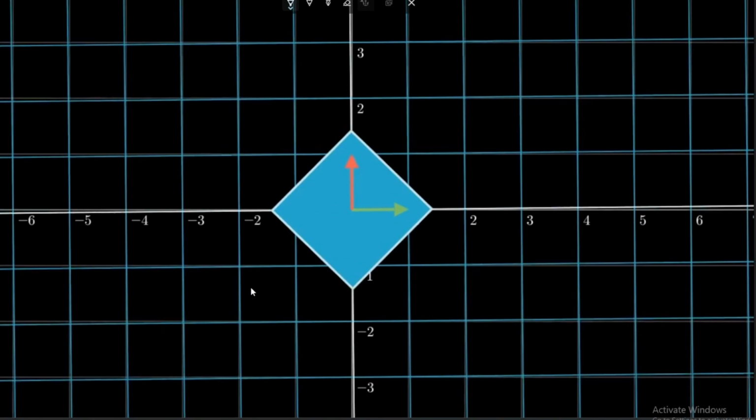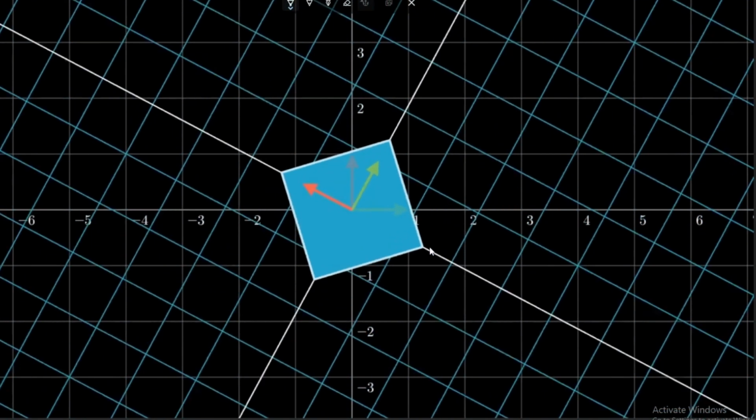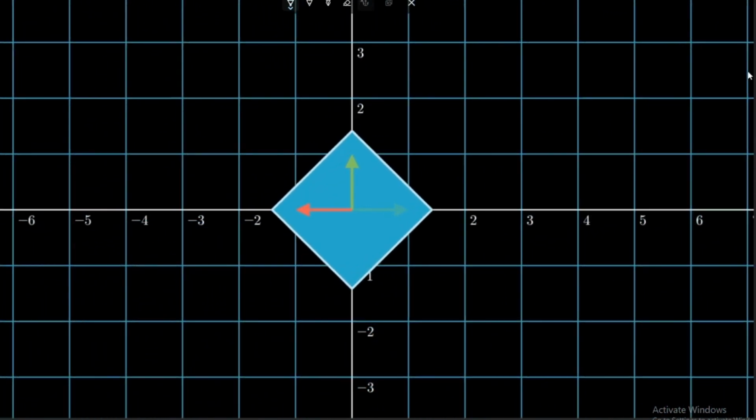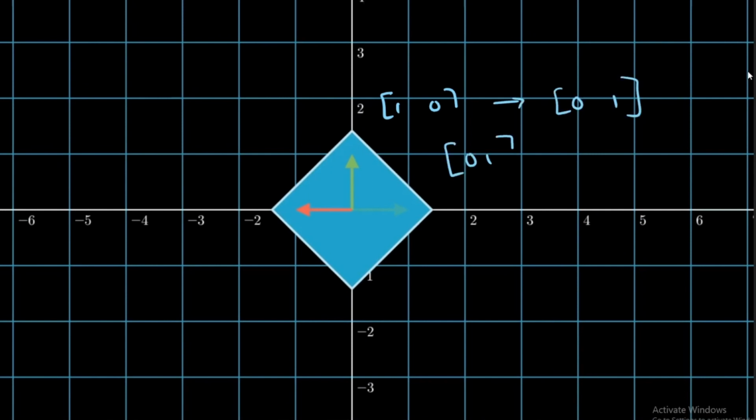So if we look at this transformation, we know where the basis vectors landed after the transformation. The vector 1, 0 landed at 0, 1, and the vector 0, 1 landed at minus 1, 0. Based on this, we can figure out where any other vector lands.